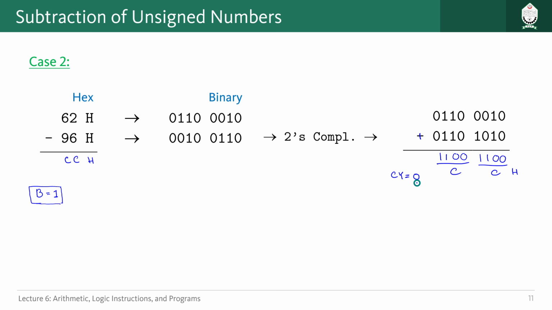So from that argument, obviously this CY should have a value of 1, not 0, right? So that's why after doing this calculation, CY or carry will be inverted automatically. So from 0 it will be 1 for this case. Understand? So in both of the cases we are seeing that after doing the calculation, CY should be inverted automatically.